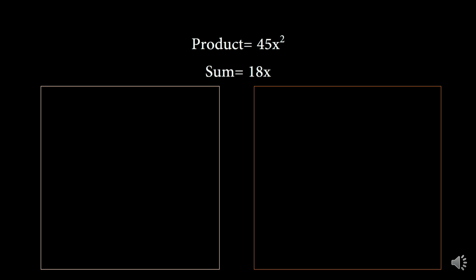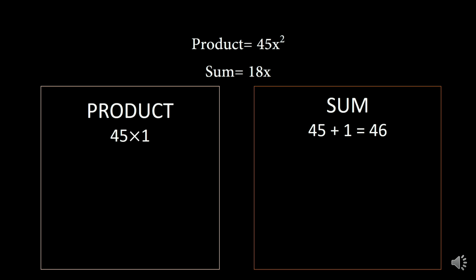So let's start. 45 times 1 is equal to 45. But 45 plus 1 is 46. That means I can't use this to solve this question. Let's move to the next one. Minus 45 times minus 1 is equal to 45. Then minus 45 plus open bracket minus 1 close bracket is equal to minus 46. So I can't use this to solve this question.